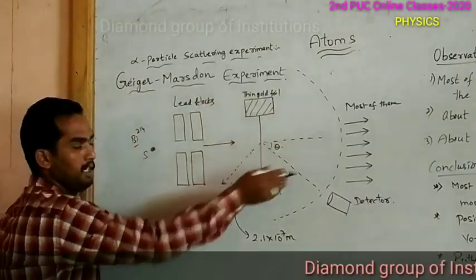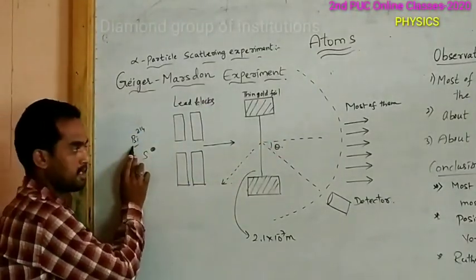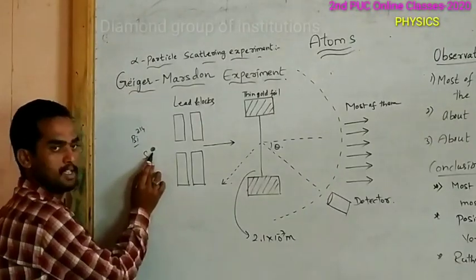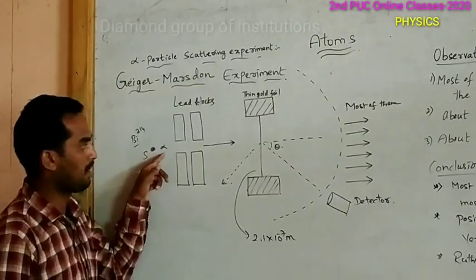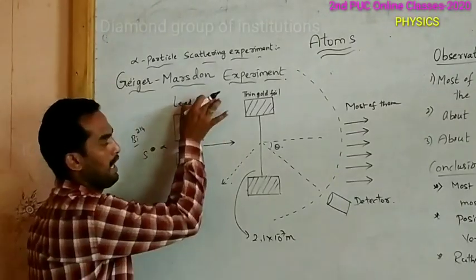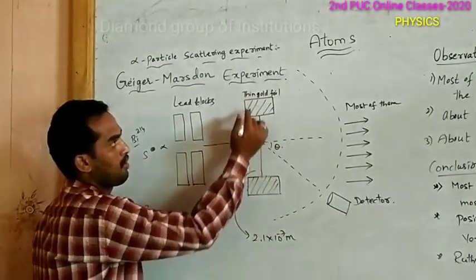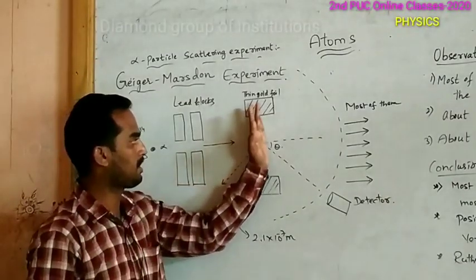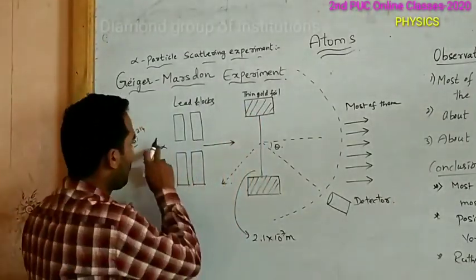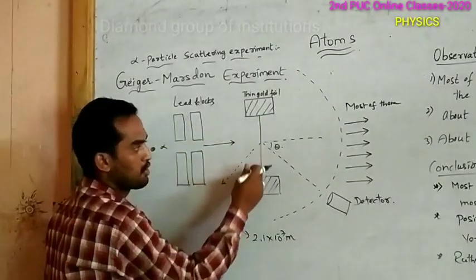See the diagram here. There is a source, bismuth, a radioactive source substance, and this is emitting alpha particles. All the alpha particles move straight through lead blocks, and they fall on the screen. That is the thin gold foil screen. Alpha particles are coming and reaching this gold foil.